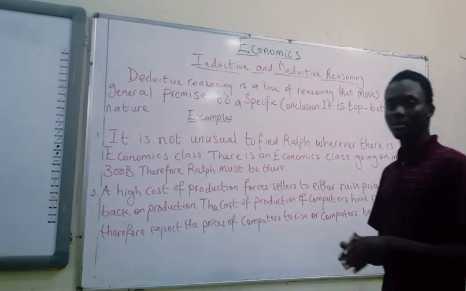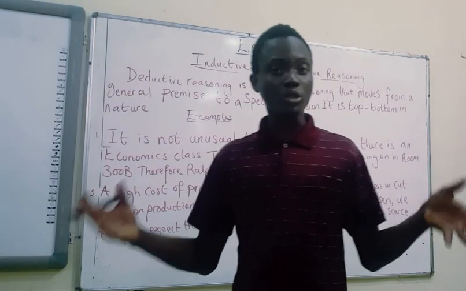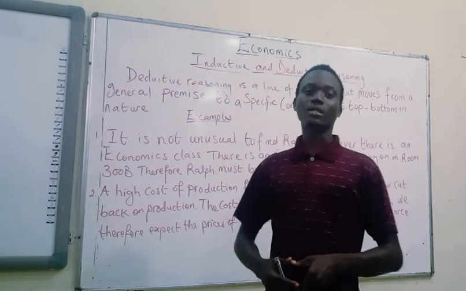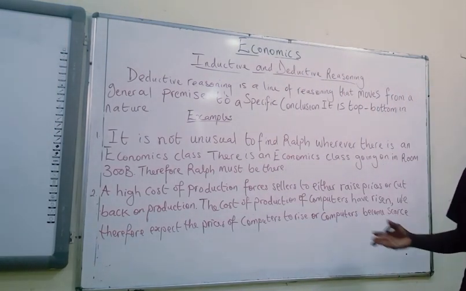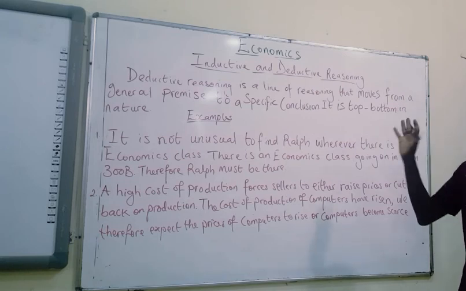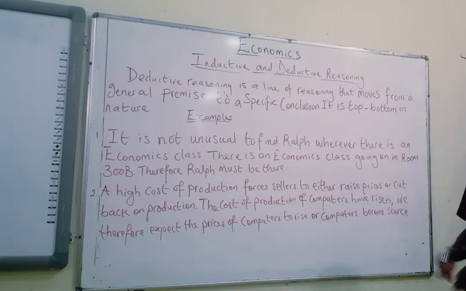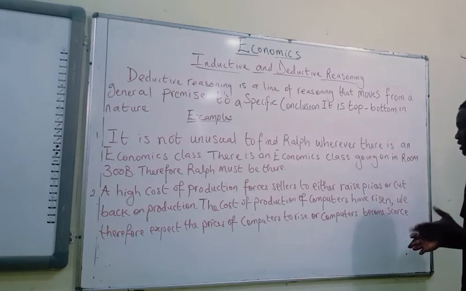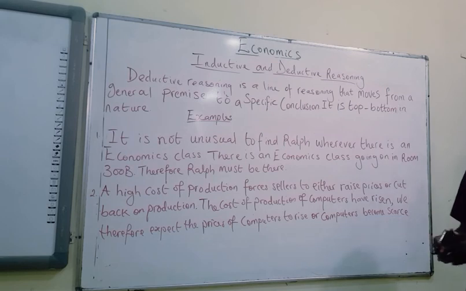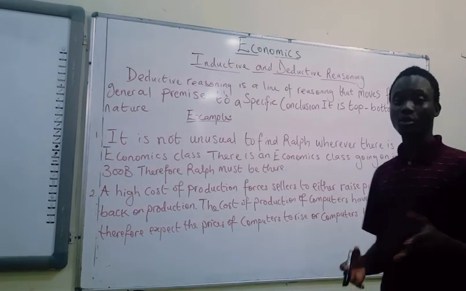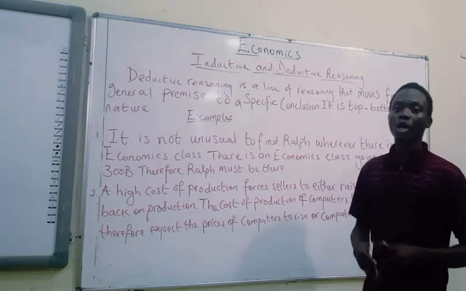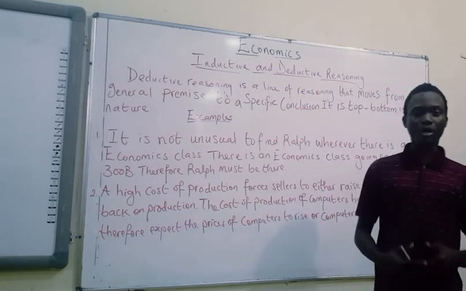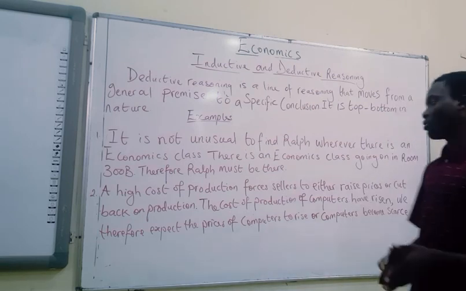Because there is this general knowledge of all goods, no matter the commodity, that whenever there is a high cost of production for any kind of good, over time we tend to realize that producers either raise prices of their goods whenever there is an increase in cost of production, or they decide to cut back on production, or on something else.